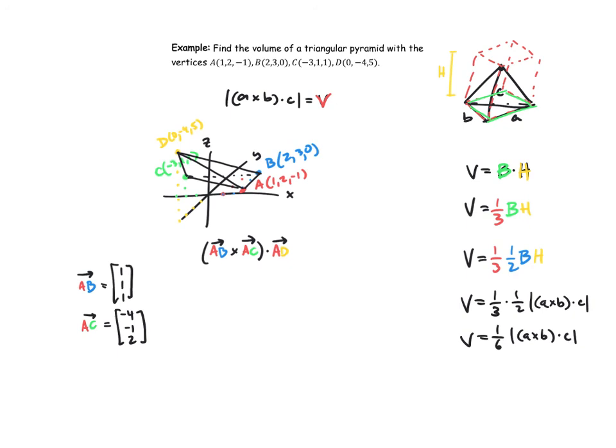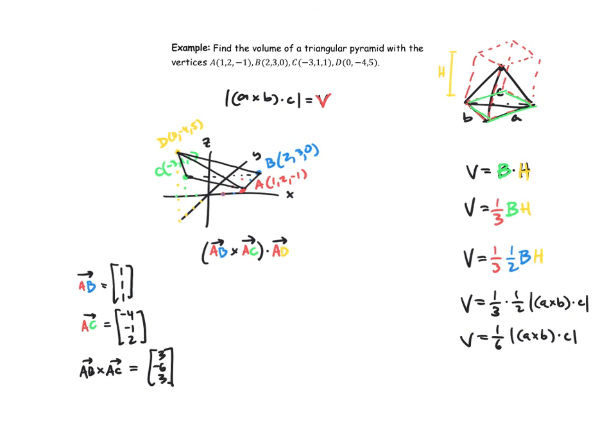Okay, now I'm going to skip the color coordination here for a moment just so I can save some time. And I'm going to cross AB and AC. Now you can check the math on the back end and do this on your own. But AB crossed with AC ends up being 3, -6, 3.